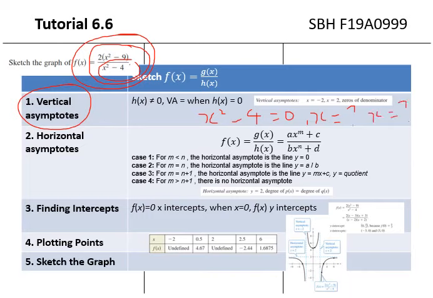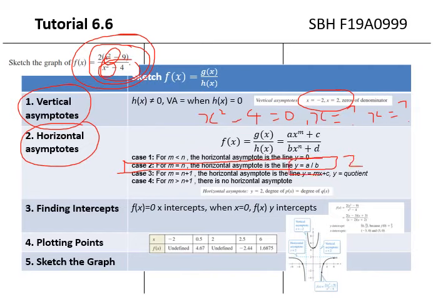For this case, x happens to be 2 points: when x equals 2 and minus 2. The horizontal asymptote depends on the degree of the numerator and denominator. We still fall under case number 2 because both have the degree of 2.